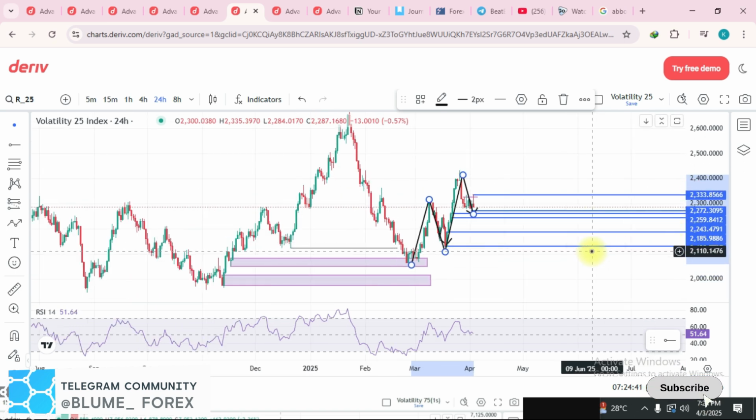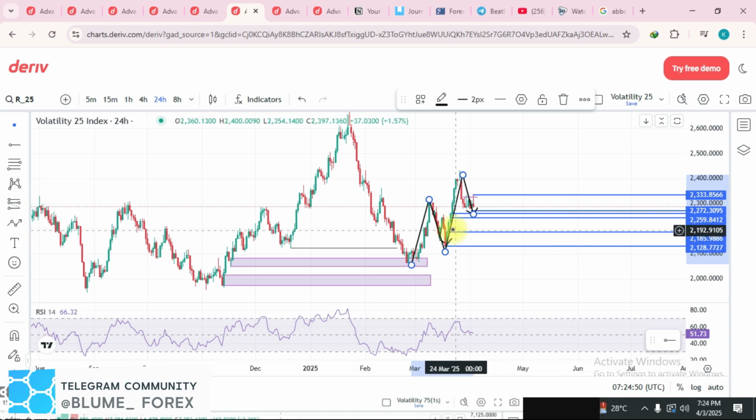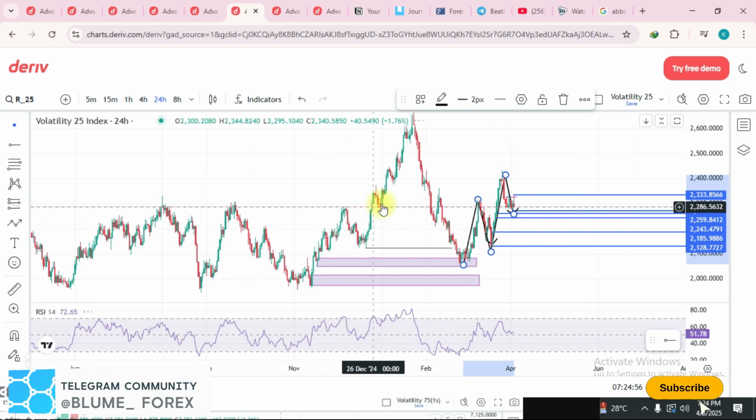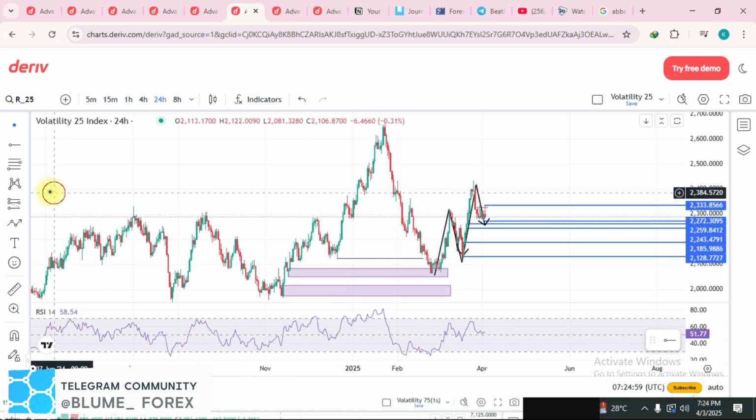The more you pick a bigger range than the previous one, what was once your major structure can become a minor structure, because you pick a much bigger range. Let me explain what I'm trying to say.